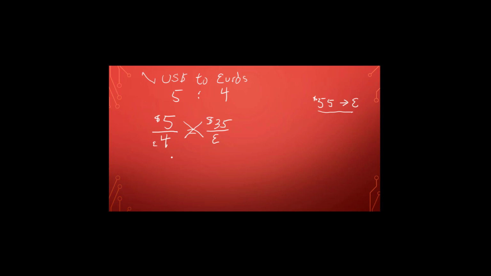So we're going to cross multiply, so I get $5 times euros equals 4 euros times $35. I don't know where my euro went. There it is. Okay, so I'm going to divide both sides by $5.